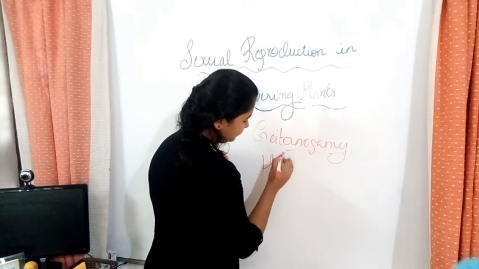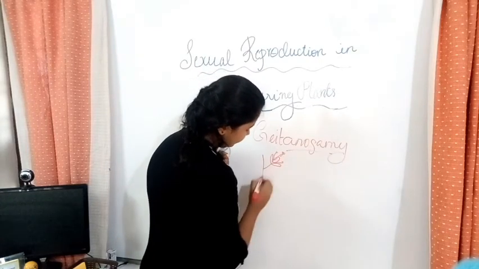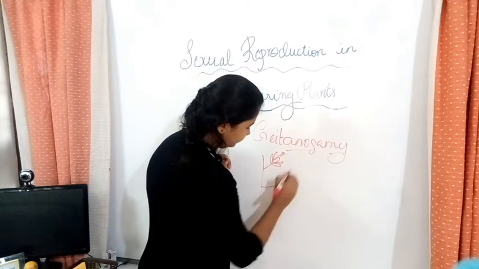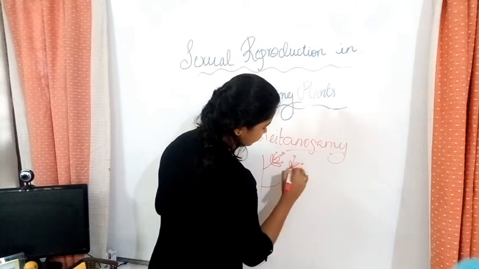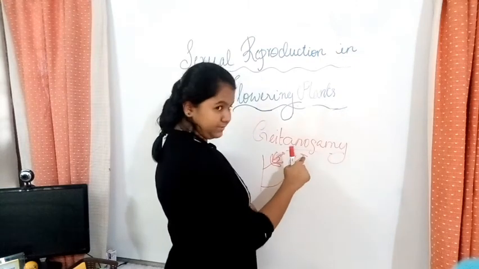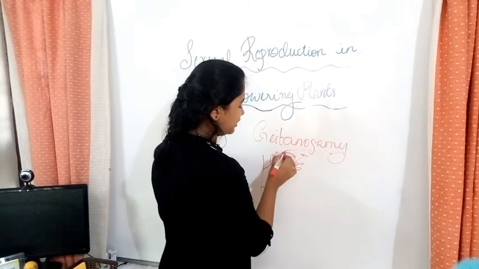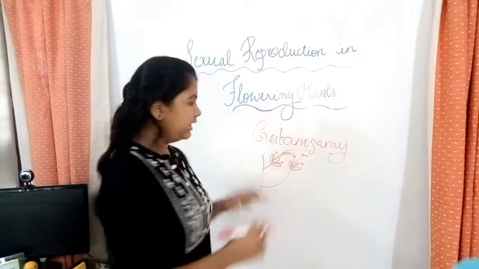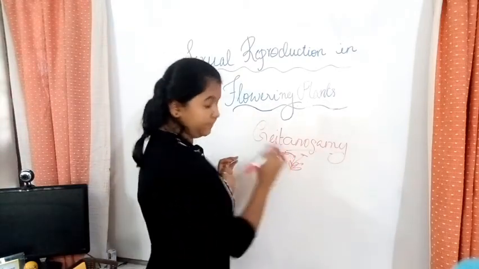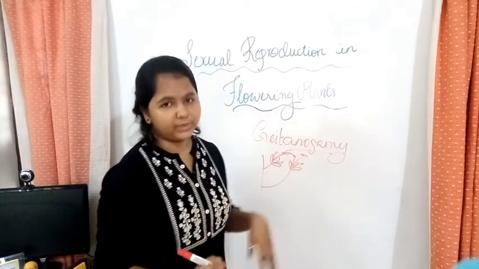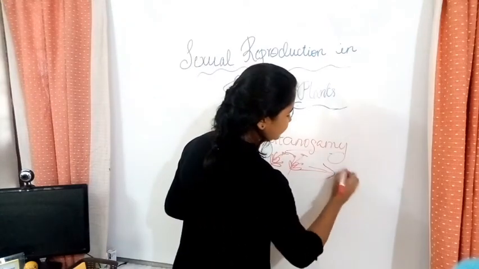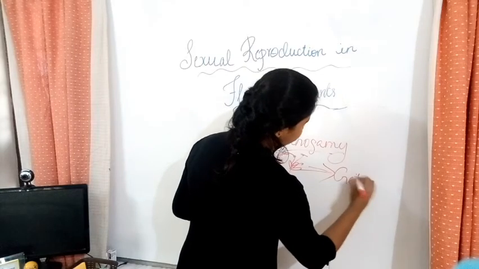This is its stigma, its anther. There is another flower. This is its stigma, this is its anther. So if pollen falls on this from the same flower, that is autogamy. If the pollen grains from another flower in the same plant fall on this, then this process is known as geitonogamy.